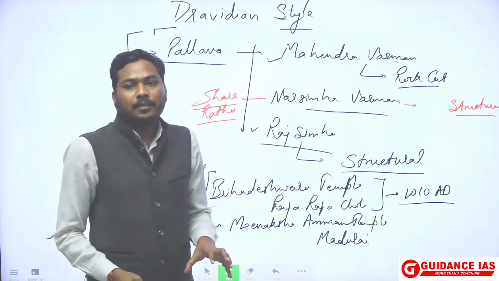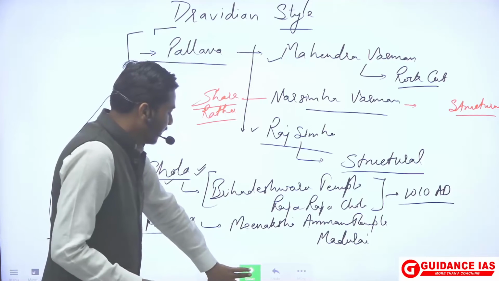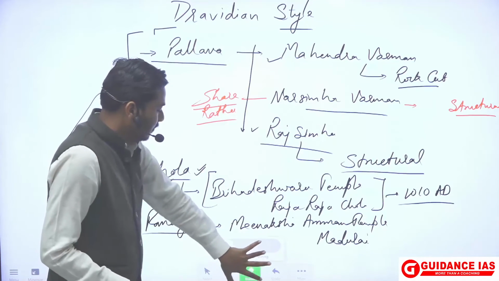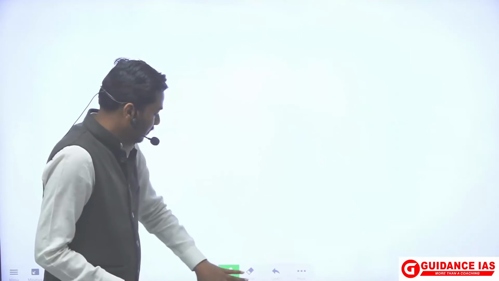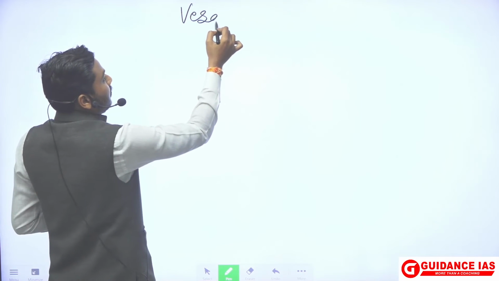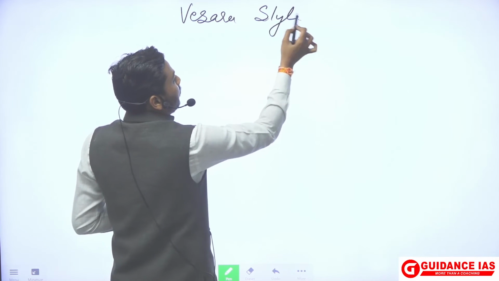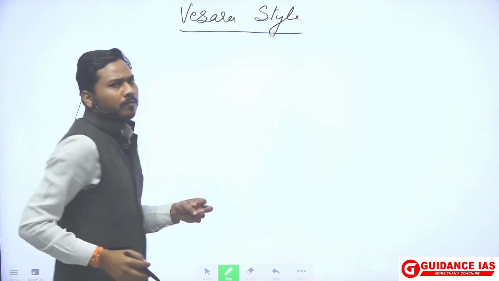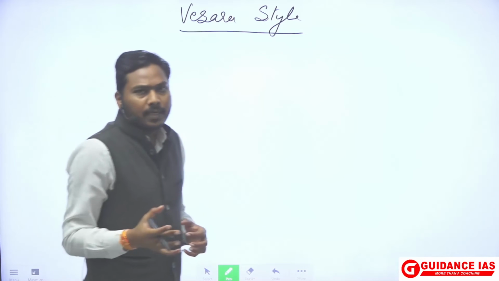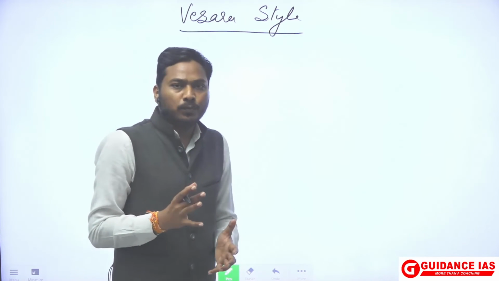Now we will discuss the third style of architecture, that is the Vesar style. Vesar style does not have any significant feature of its own.